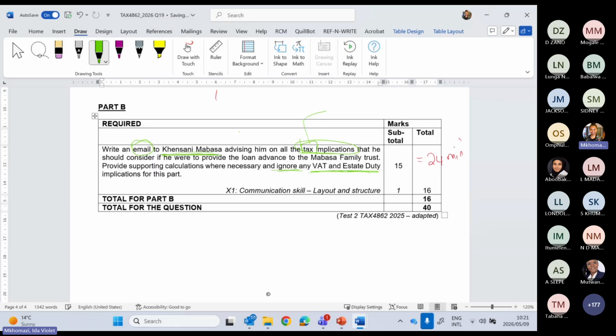Then it says provide supporting calculations where necessary. And we also have a mark for the layout and structure. Since we said write an email, this mark for layout and structure is awarded for giving us the format of an email. So do not be lazy to write that format as you know it of an email.